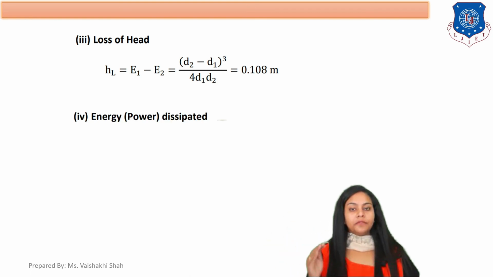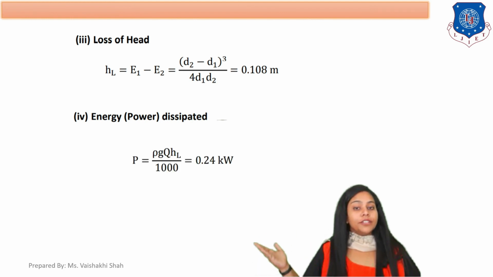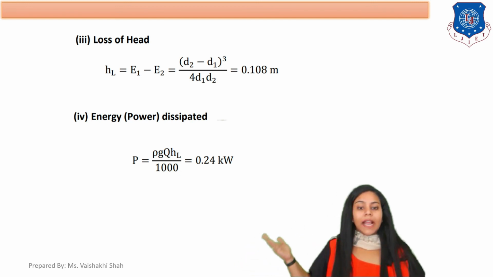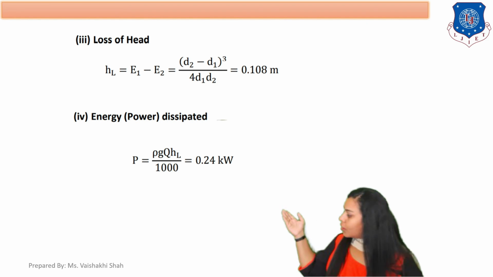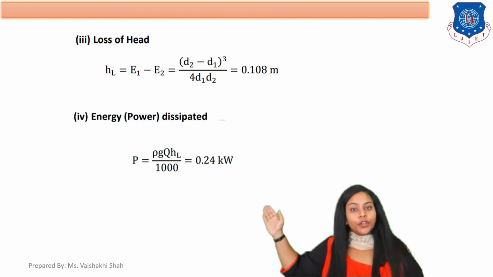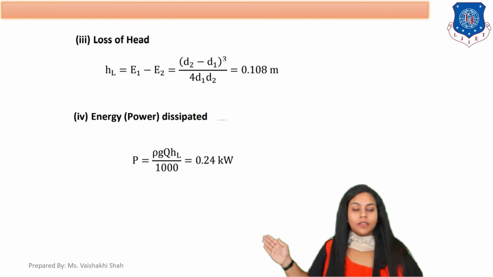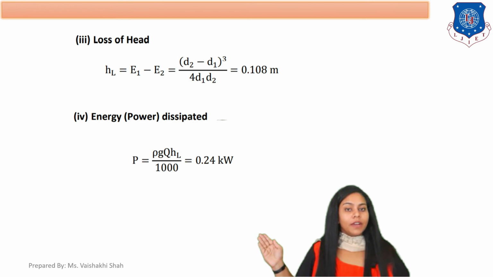Okay. And fourth, we have to find out energy dissipated or power dissipated. We know the equation for power. We already studied this equation of power: P equals rho G Q, here there is a capital Q, into HL divided by 1000. By using this equation, you can find out power.